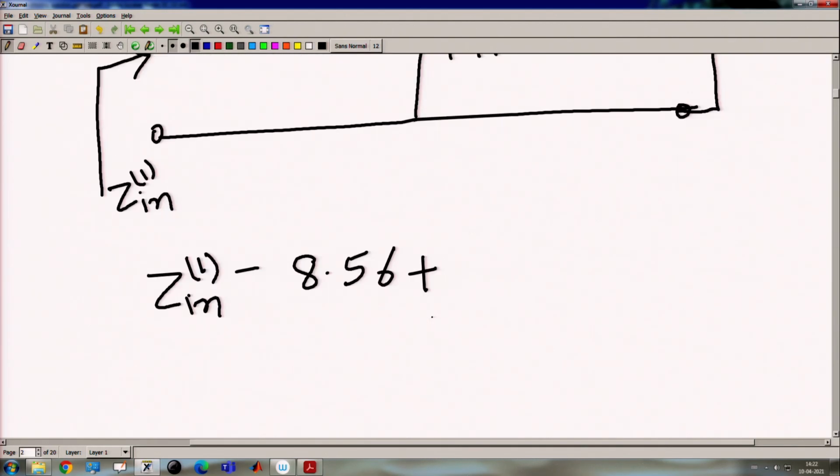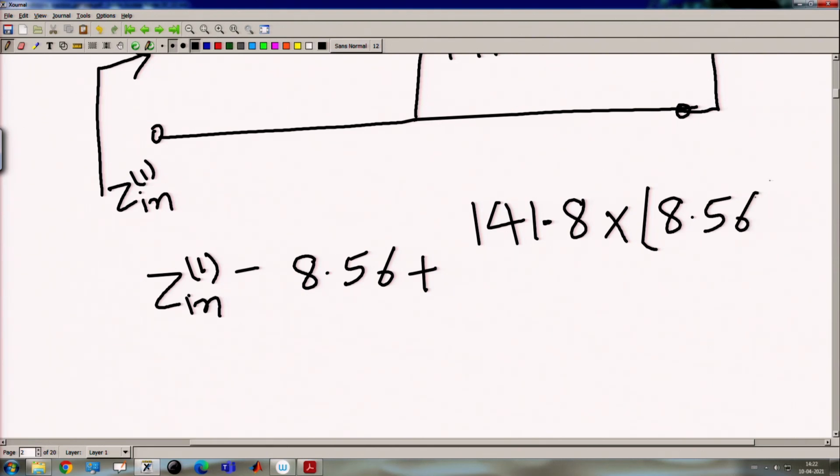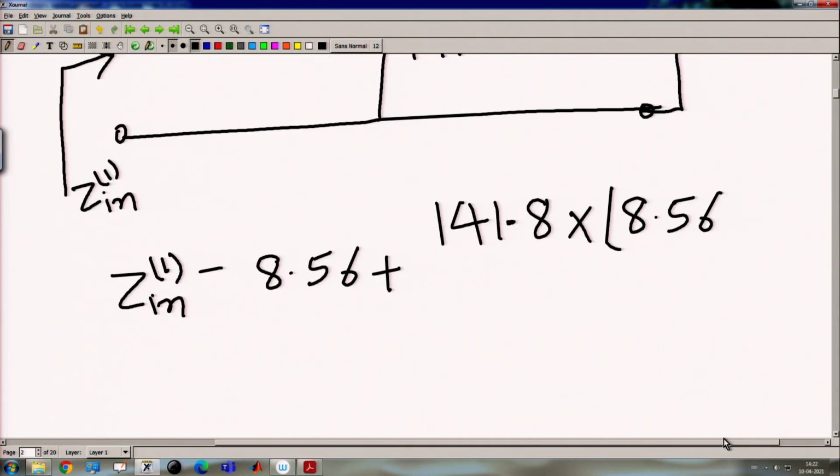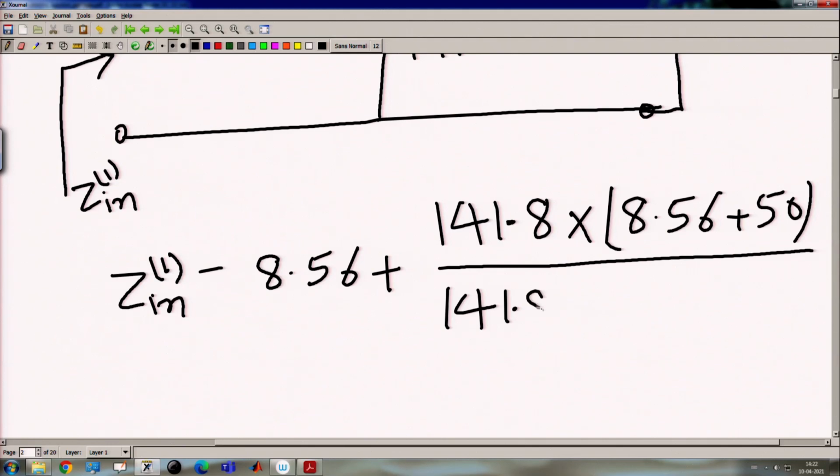So, we can write 141.8 into 8.56 plus 50, divided by 141.8 plus 8.56 plus 50.